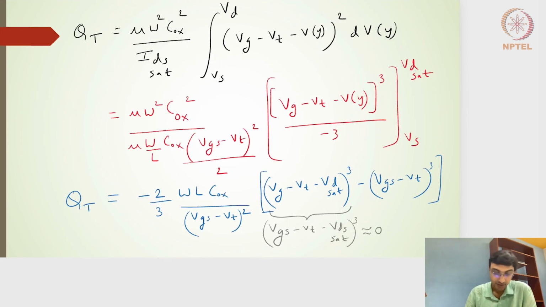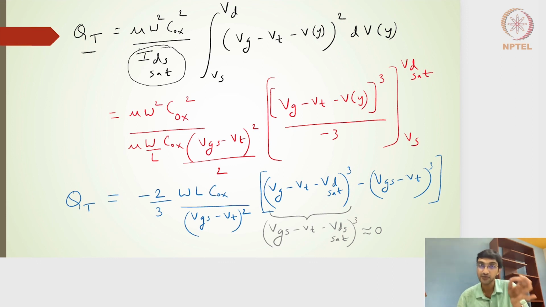Number 2. So this equation will be nothing but I will have W squared C oxide squared, and I will have a current, but we are interested in finding out what the capacitances are. What are the capacitances when the transistor reaches saturation?